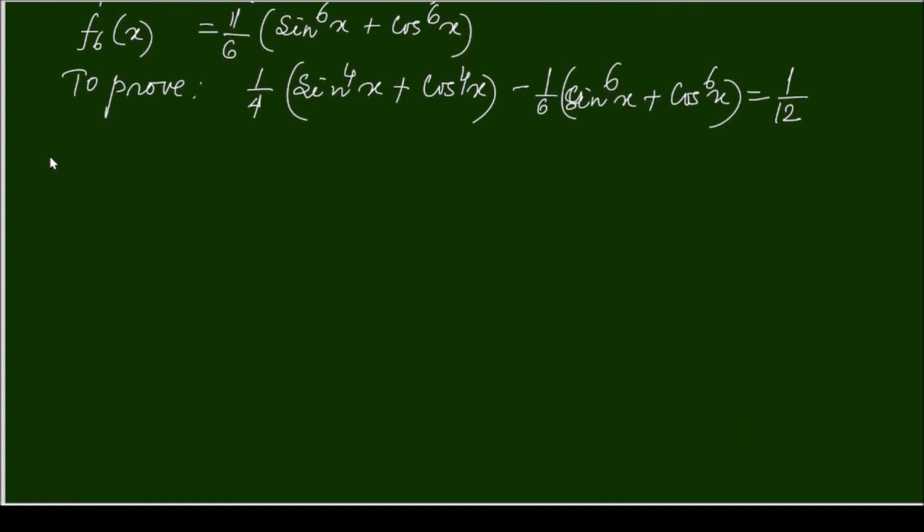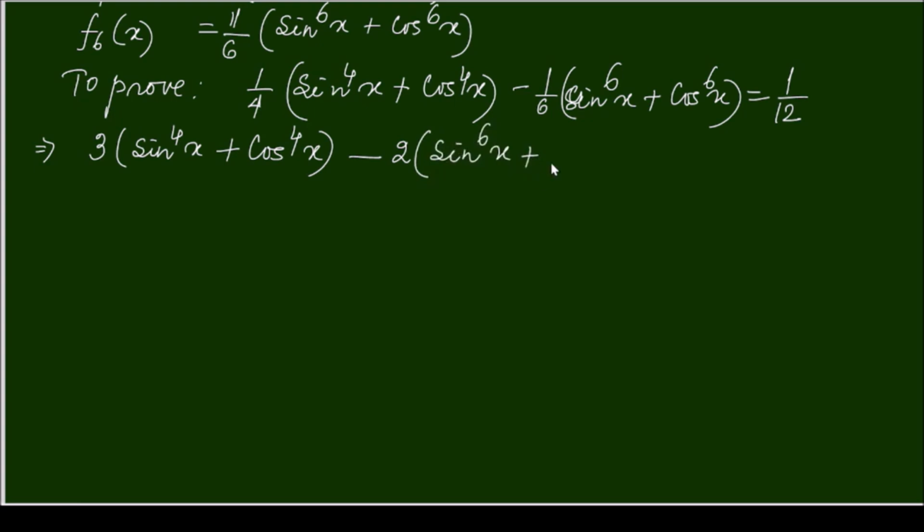Or I need to prove, if I multiply 12 throughout, that 3 times sin power 4x plus cos power 4x, minus, when I multiply 12 here, it will be 12 by 6, that will be 2 times sin power 6x plus cos power 6x equal to 1 by 12 into 12, that will be 1.